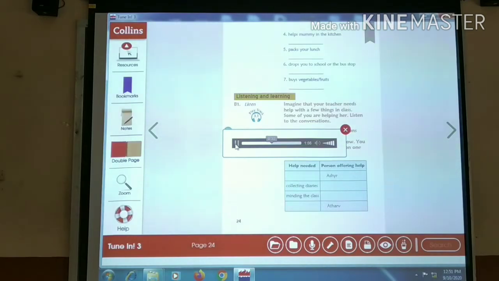I have kept them here, ma'am. Thank you, dear. You're welcome, ma'am. Hello, Tejas. Did you do the sum? No, ma'am. It's a little difficult for me. Ma'am, may I help Tejas with the sum? Oh, sure. Thanks, Athar. You're welcome, ma'am. I have to go away for a few minutes. The principal wants to see me. Neha, will you mind the class for me, please? Yes, ma'am, certainly. Thank you, Neha. You're welcome, ma'am.